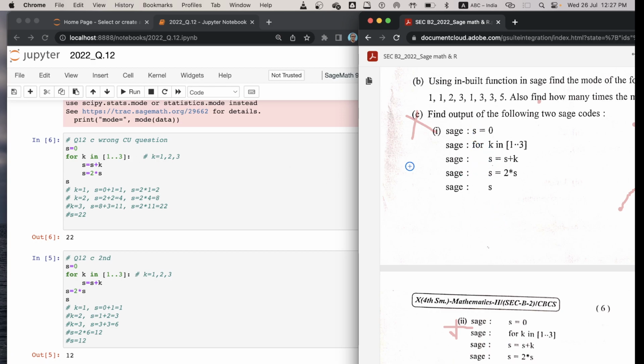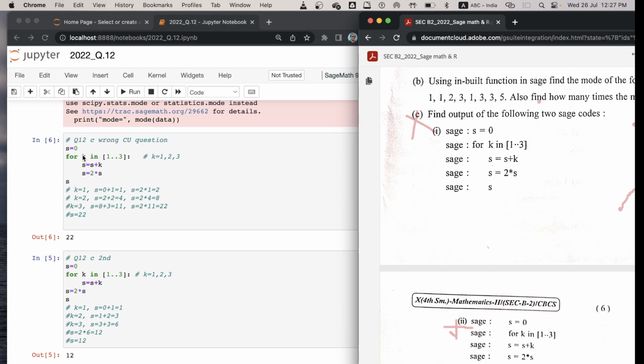And indentation for this: s equal to s plus k. And s equals to 2s is not in indentation for the loop, within the for loop. So this is outside the for loop.